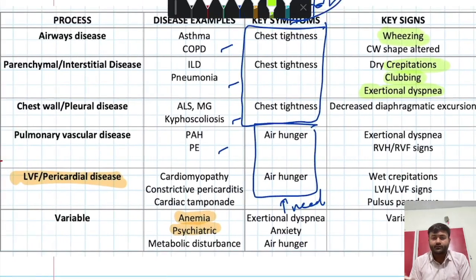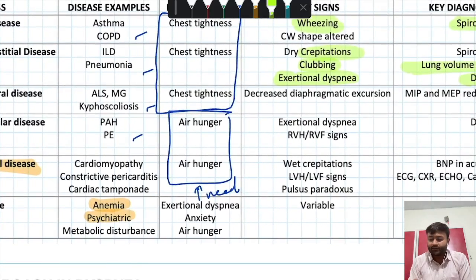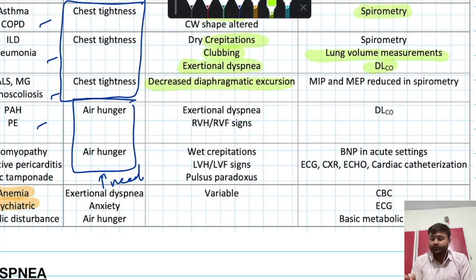Then if the disease is chest wall or pleural in nature, think of decreased diaphragmatic excursion, that is obtained on percussion. Here the maximal inspiratory pressure and the maximal expiratory pressure are reduced. This is the diagnostic finding.